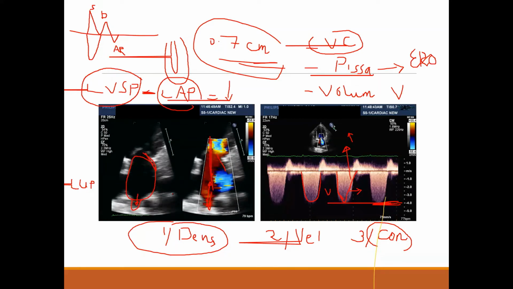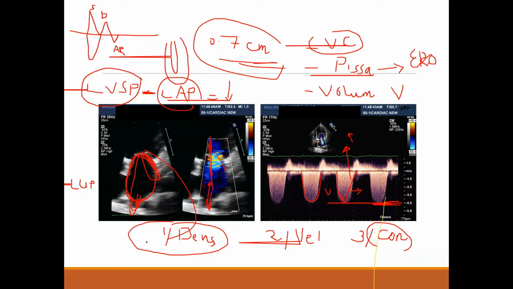Why? Simply because the reversal here is not a function of the severity alone. It might be because of the jet direction. Meaning when the jet is eccentric going this way, it is so unlikely to reach up here. Again, it's a function of the left atrial volume. If the left atrium is small, the MR is more likely to reach high up here.